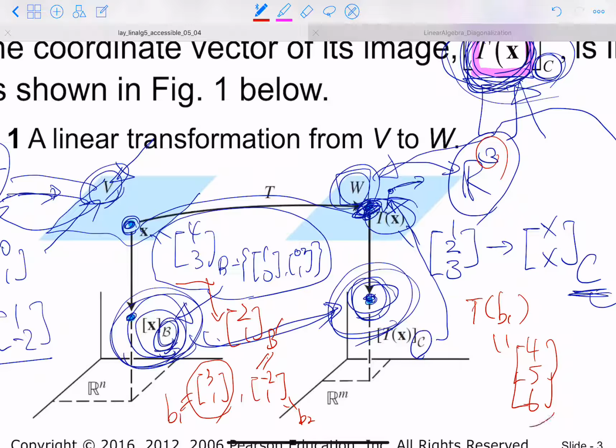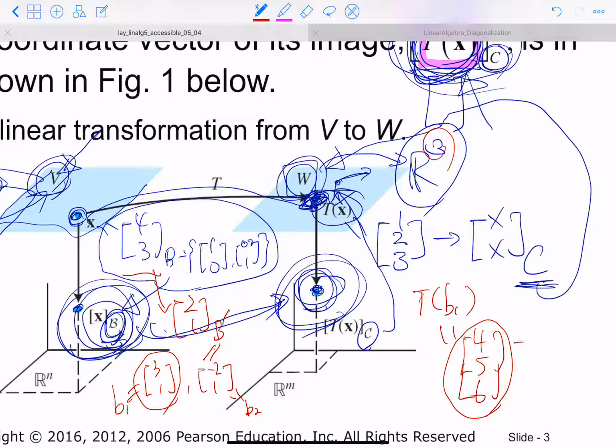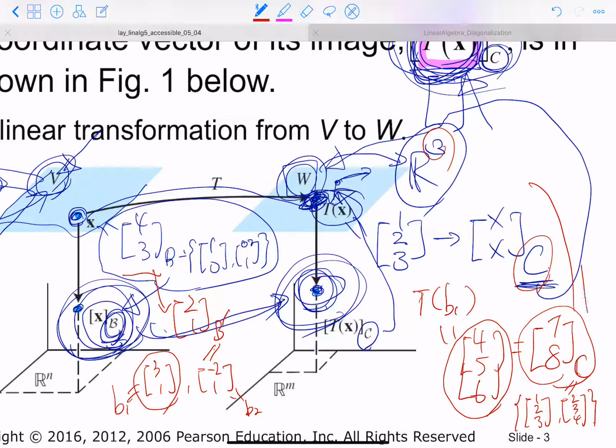Now let's represent this guy as the new coordinate vector with respect to C, and that is represented as maybe 7, 8 with respect to C, where C is maybe 1, 2, 3 and 2, 3, 4. So this guy is represented as T of B1 with respect to C, so that is 7 and 8.